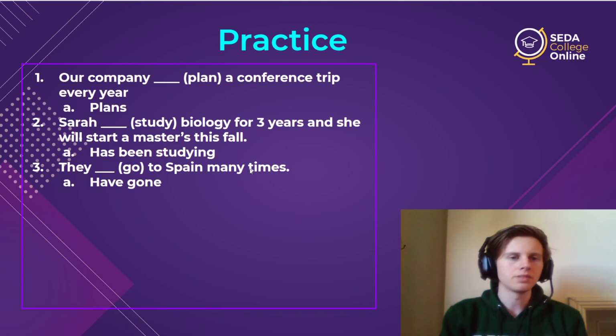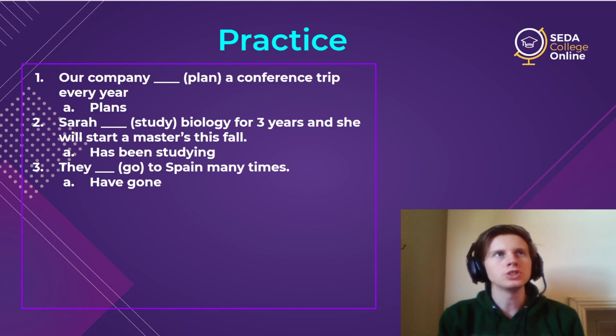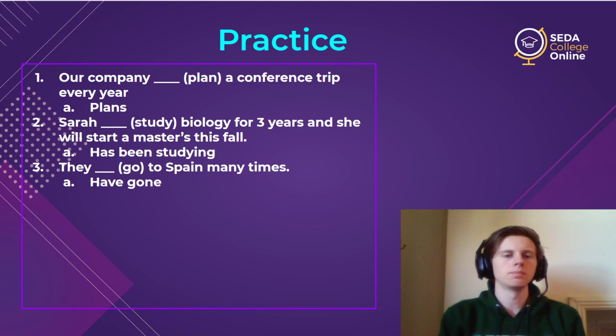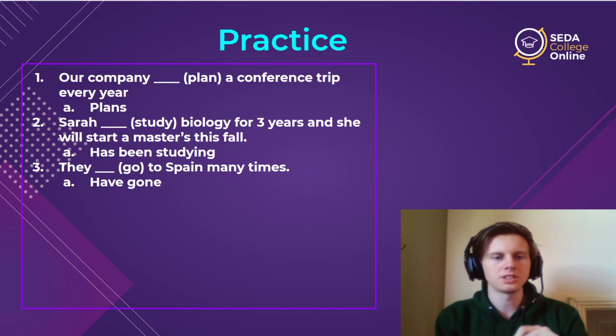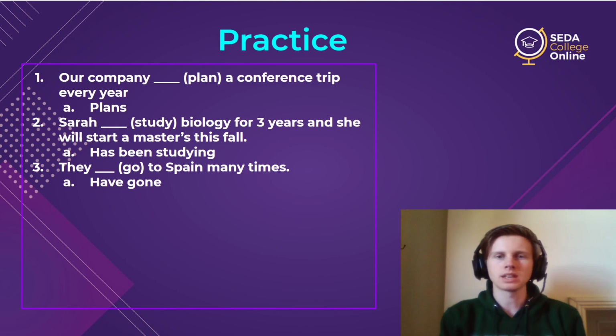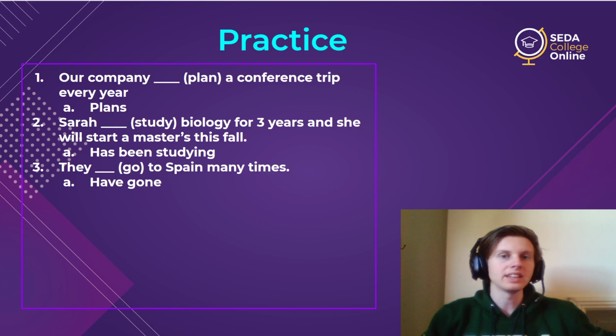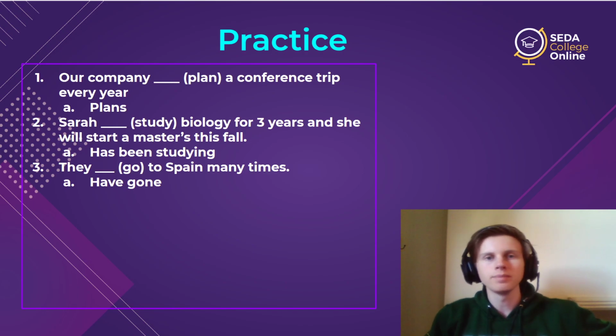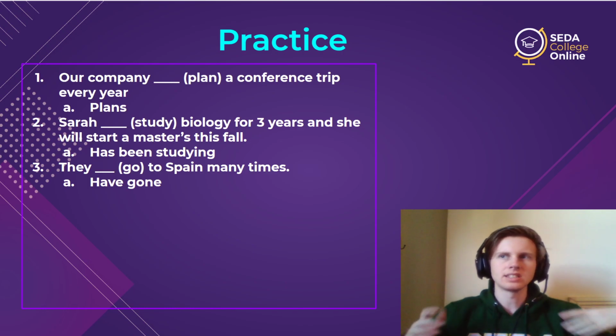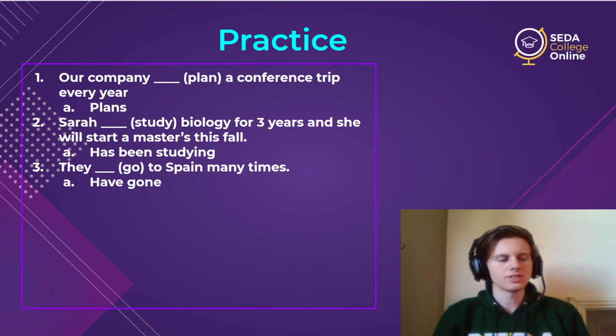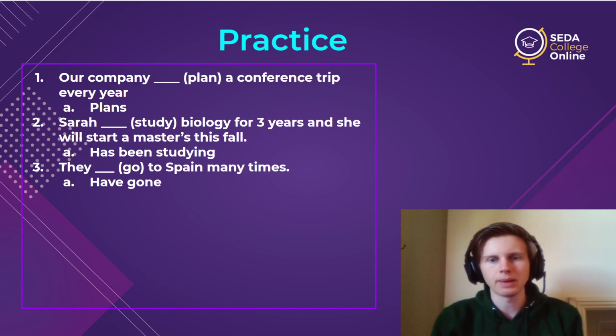And that's really one of the key differences: we do not usually talk about experiences with the present simple. We'll use the present perfect, have gone, because they went to Spain in the past and they did it many times. That's okay, but it's something that happened in the past and they still have the ideas and the knowledge with them. So the present perfect is better.